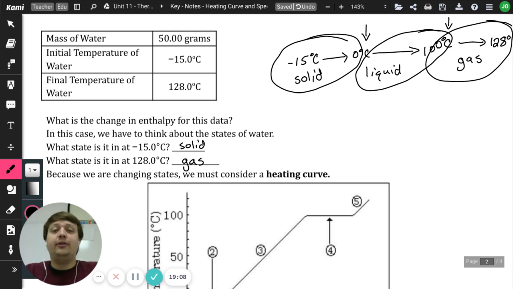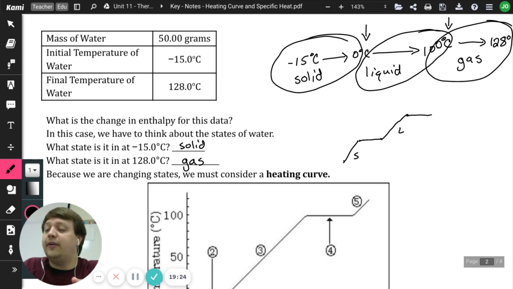My suggestion with a specific heat problem is you draw a heating curve. I know that I start off as a solid, and then it undergoes a phase change, and then it continues up until it's a liquid, and then there's another phase change, and then it continues up and it's a gas. I'm going to end right there at 128, and I'm going to start at negative 15.